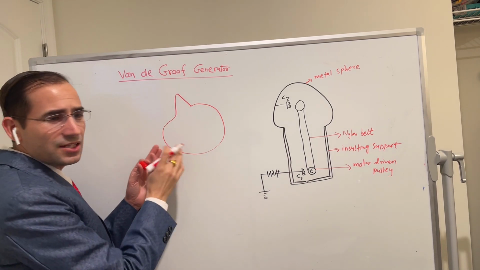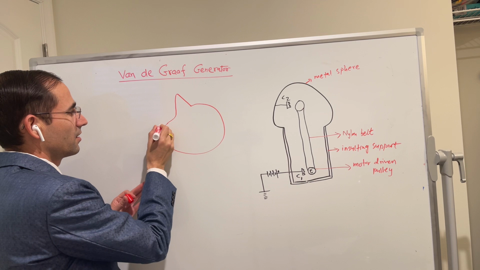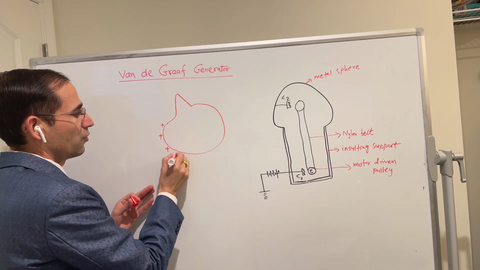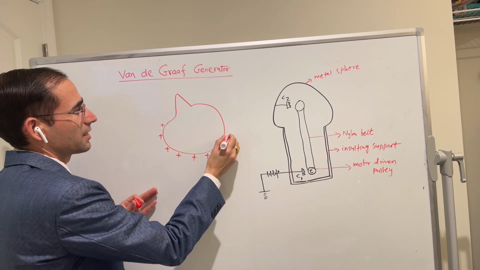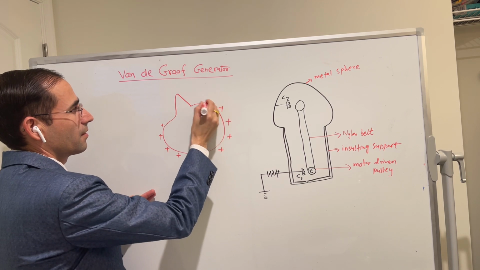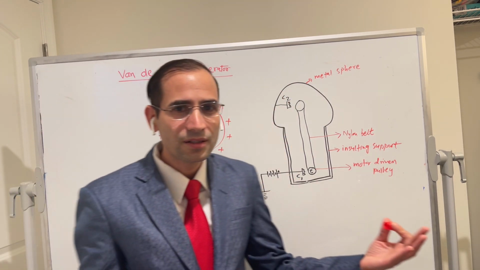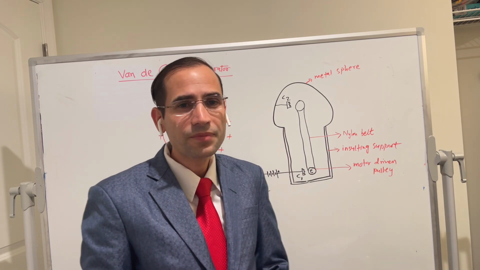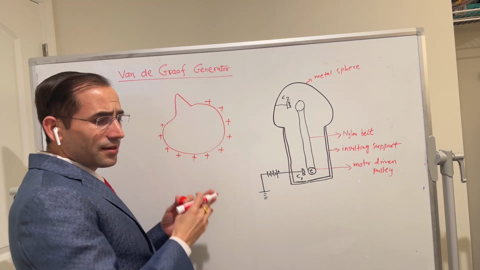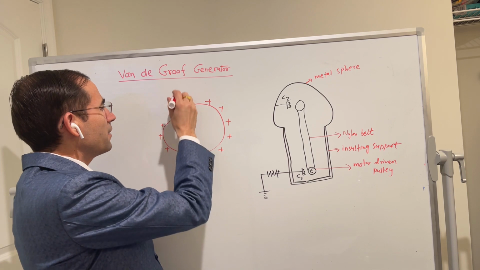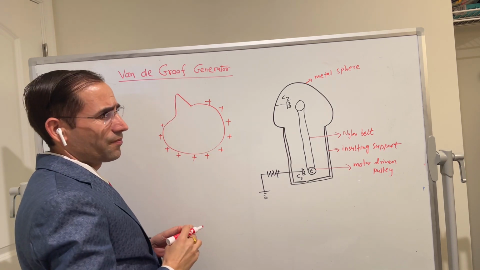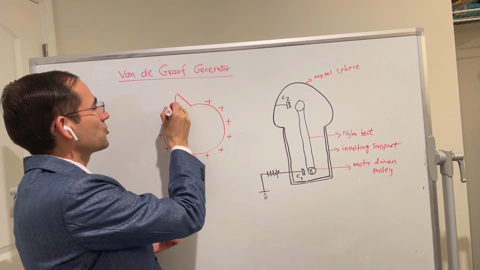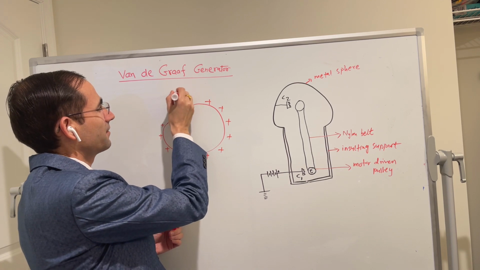And if you charge this surface this way, suppose you charge it with positive charges, you remove the electrons, then excess positive charges will remain there. And if you see a pointed surface, then the charge density will be higher.